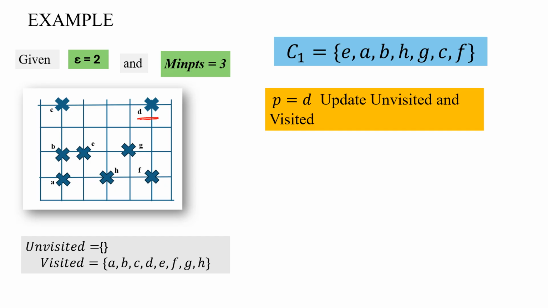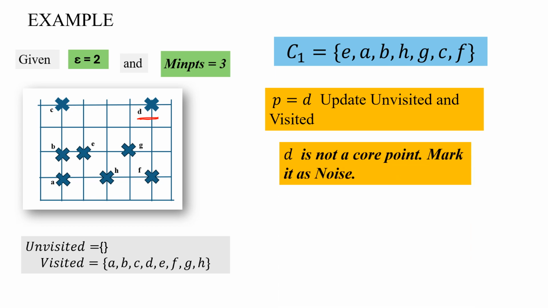See, now the unvisited becomes empty set, and visited comprises all the points. D is not a core point, and we started with D. It was not considered previously because it did not fall in the neighborhood of any core point. So it is not even a border object. So mark it as noise.